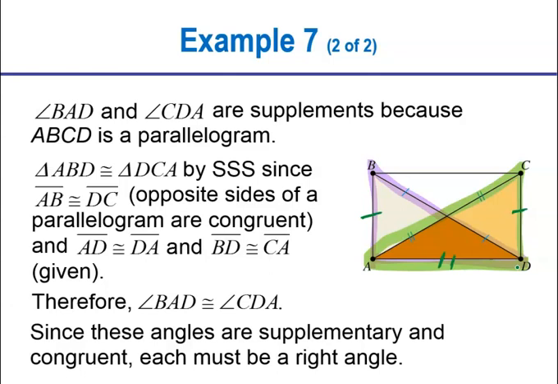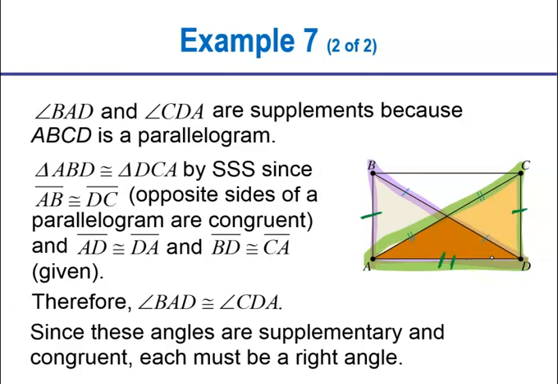And BD is congruent to CA. So BD over here, that's the diagonal, is congruent to CA. Now, how do we know those are congruent? You said, because they told us that, Miss Wilson. They told us that in the setup of the problem. So we know that BD is congruent to CA because it said the diagonals are congruent.